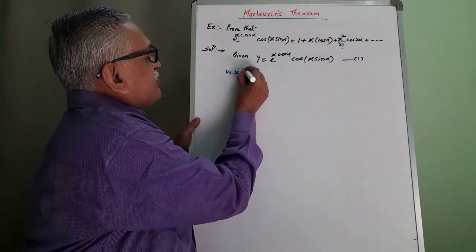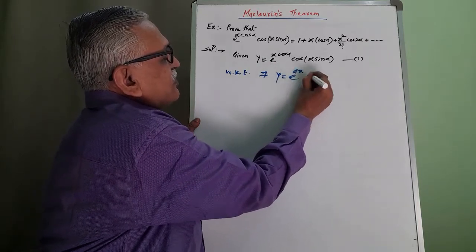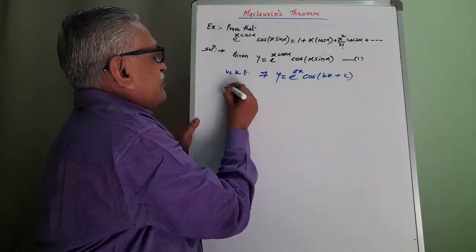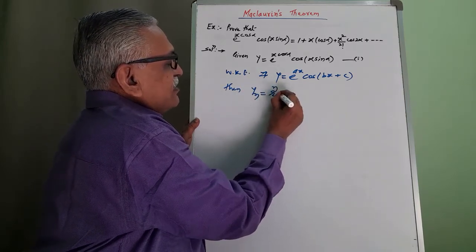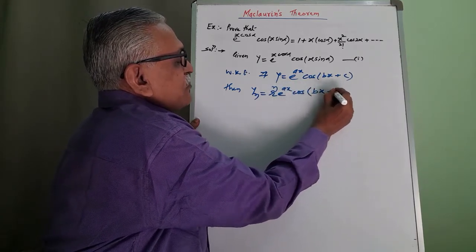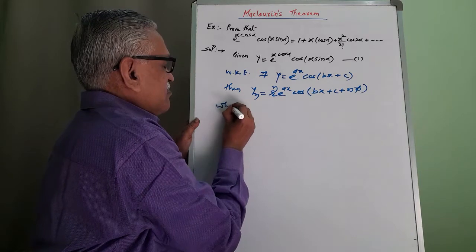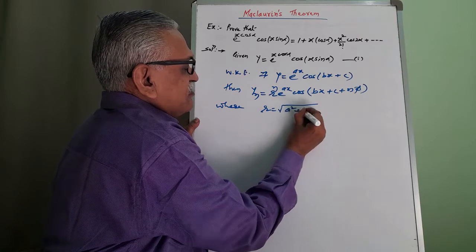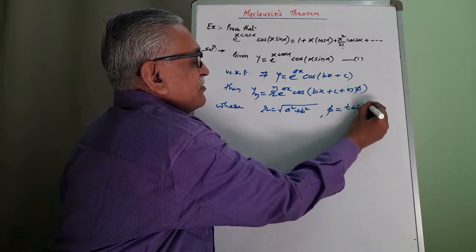We know that if y is equal to e raised to ax multiplied by cos of bx plus c, then its nth derivative yn is given by r raised to n into e raised to ax cos of bx plus c plus n phi, where the value of r is given by root of a square plus b square and phi is tan inverse of b by a.